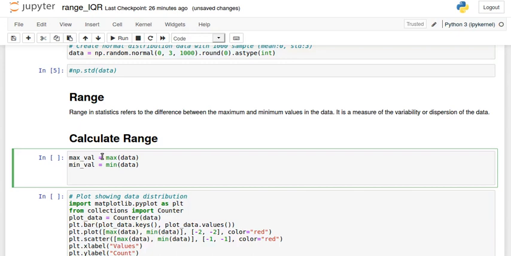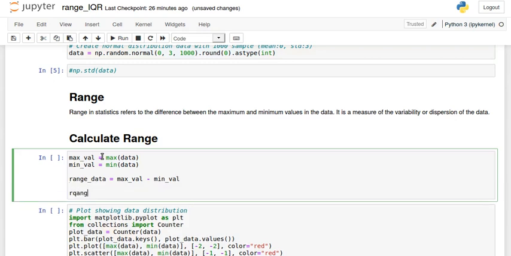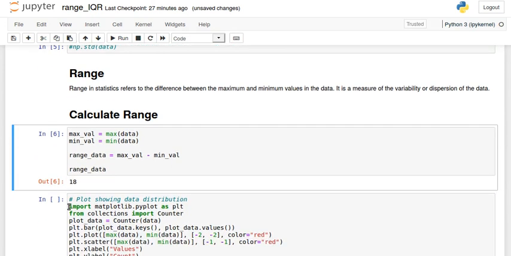Then we will calculate range by subtracting the minimum value from the maximum value. So our range is 18. So what does this 18 mean?